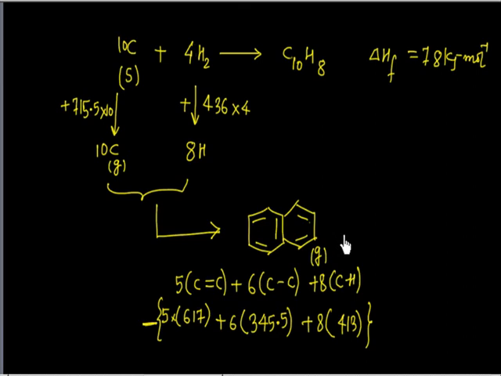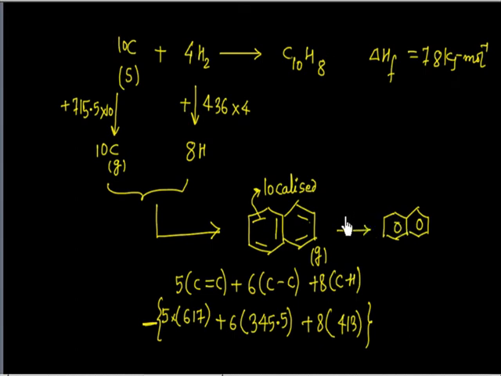Let us say I have two processes. First is resonance stabilization. These double bonds are basically localized double bonds at this time. Now if resonance takes place, this becomes something like this. This is the resonance stabilized naphthalene.